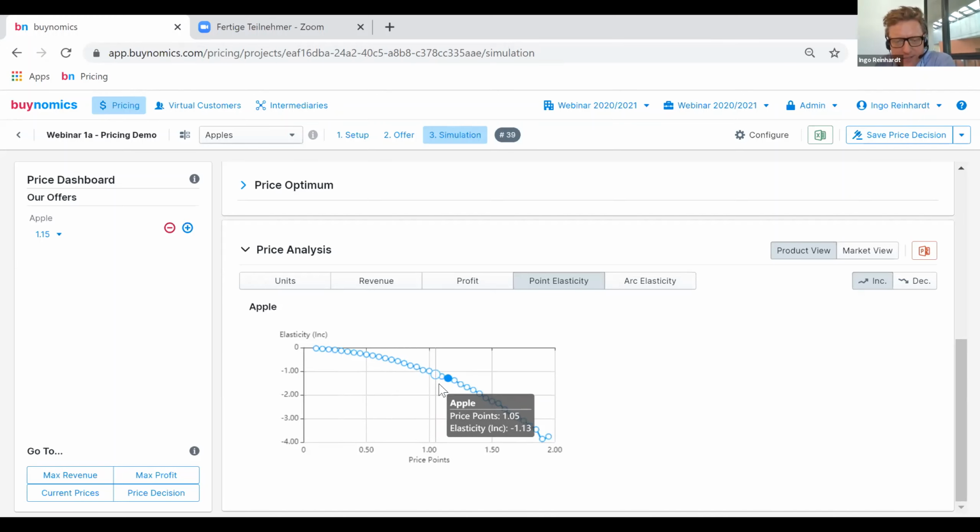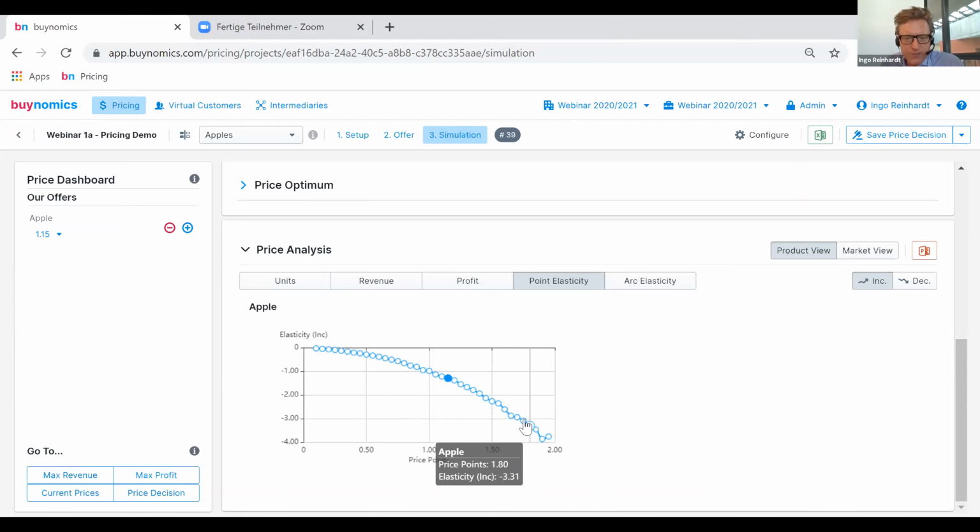Price elasticity always changes with price level. So it doesn't make sense to say the price elasticity of this product is -2 or 2.5, because it always depends on where you are priced at the moment. So it's more like a broken watch, right? It's correct somewhere, but most of the time, if you just say price elasticity is -2, it's not true.